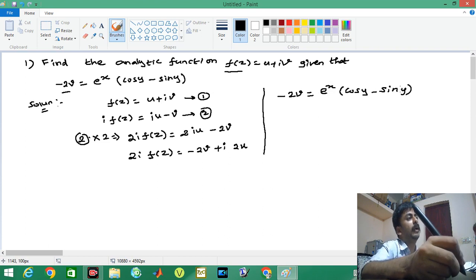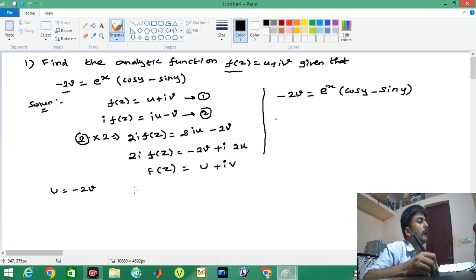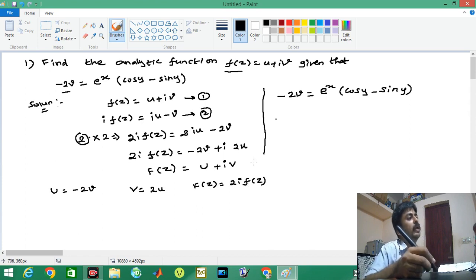See, here we have capital F of z equal to capital U plus i into capital V, whereas capital U equal to minus 2v, capital V equal to 2u, and capital F of z equal to 2i f of z.